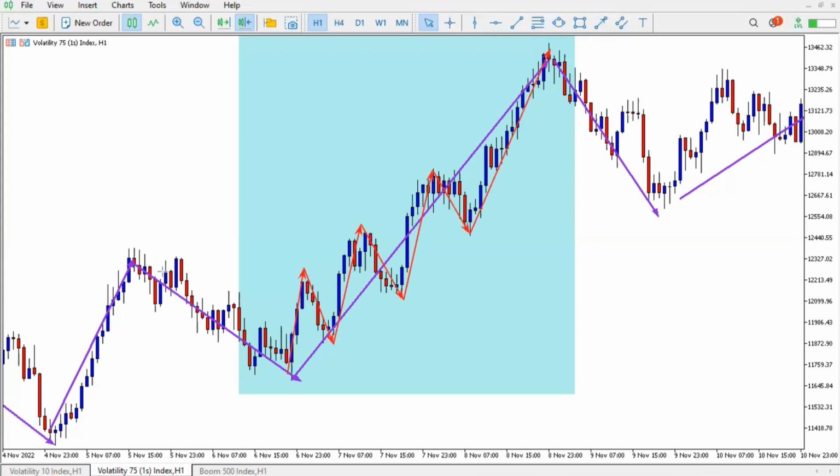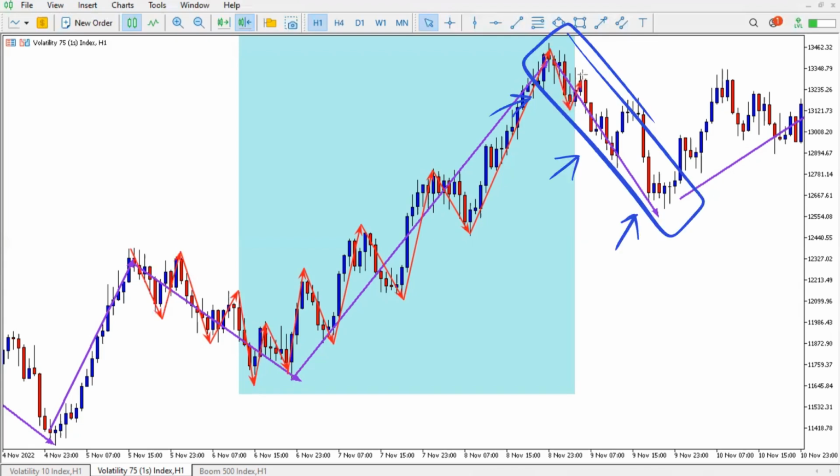Now let me make it more interesting for you. Look at where my cursor is. I'll draw down like this, go up, draw down, go up, draw down, up, down. That's a downtrend in between the trends. Okay, so we have this one at the top here.